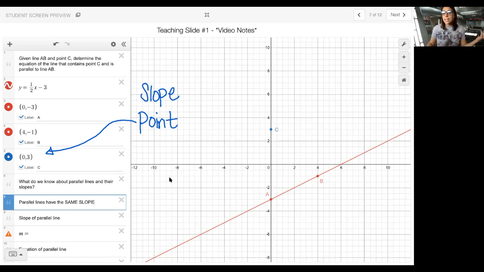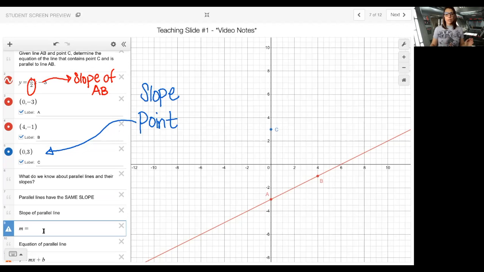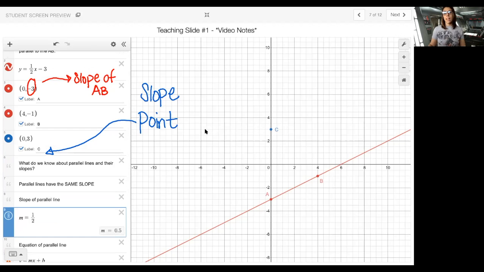Well, if this line containing C is parallel to line AB, that means it has the same slope as line AB. So if line AB has a slope of 1/2, which it appears that it does, what is the slope of our parallel line that contains C? It's also going to be 1/2.